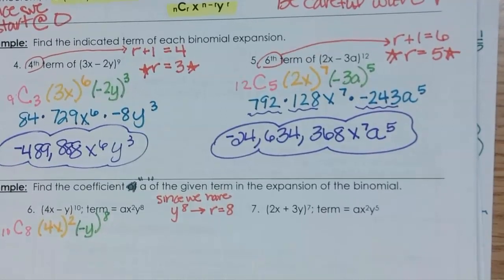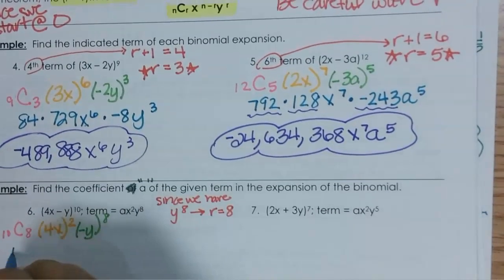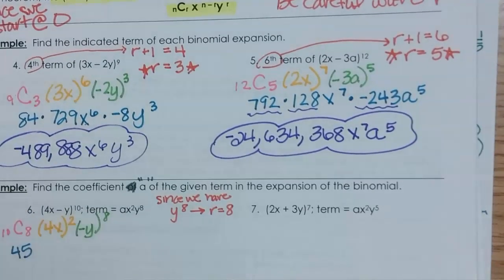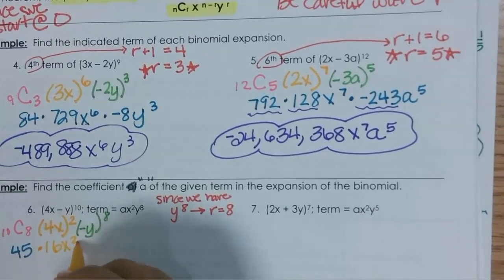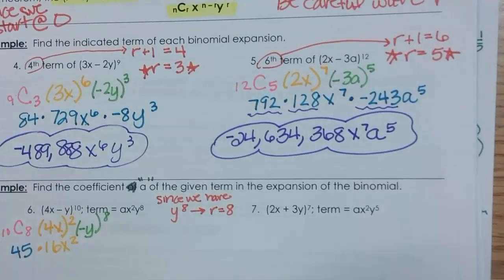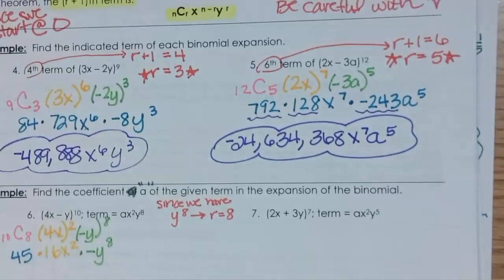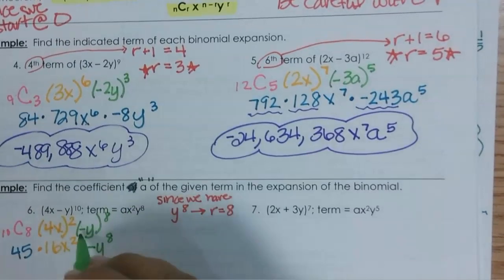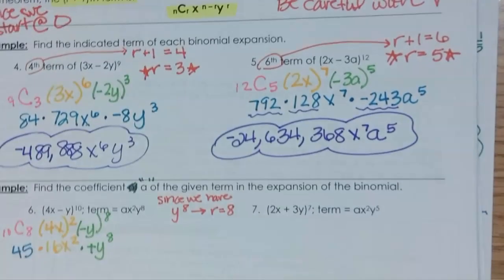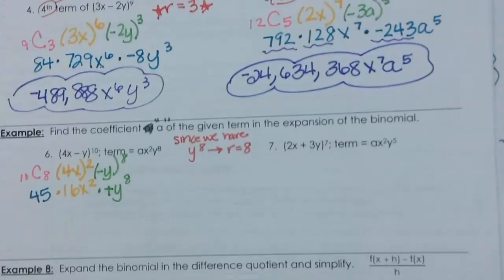And then I evaluate each one of these. So 10c8 is 45. 4x squared would be 16x squared. And negative y to the 8th would be the opposite. Oh, so I'm doing negative y to the 8th, so I also have to raise the negative. And so that means I'm going to end up with positive y to the 8th there.